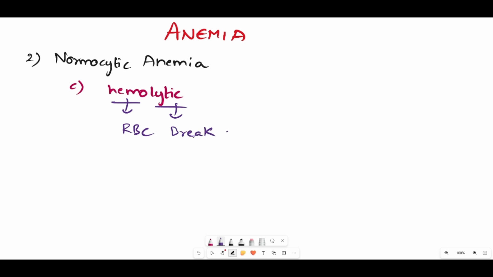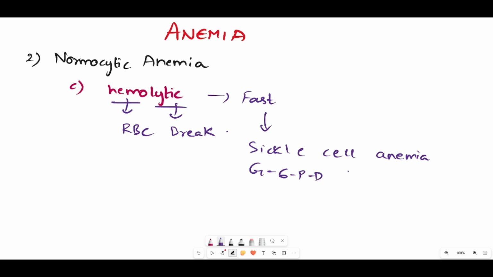The name itself says it is a process of breaking RBC. Here the RBC breakdown occurs very rapidly, which can lead to conditions like sickle cell anemia, or G6PD deficiency.